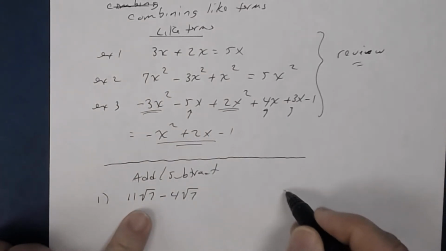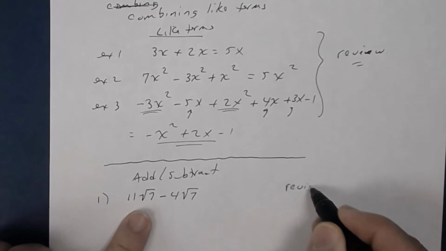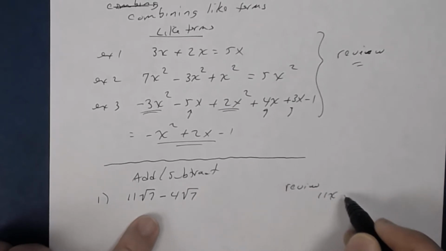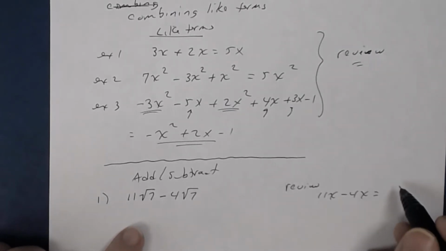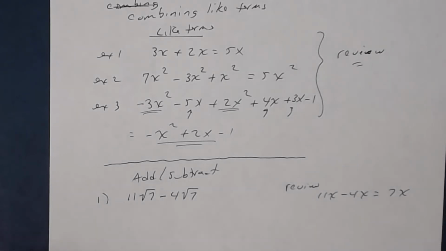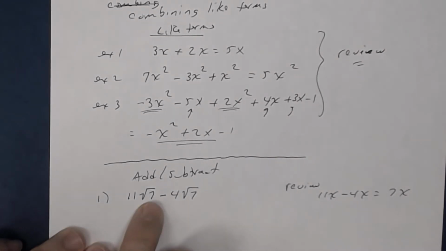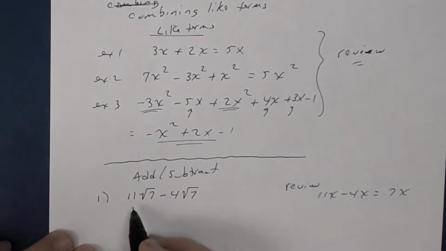So do y'all agree that if I had 11x minus 4x, y'all would say that would be 7x? Is that correct? Okay. So my question to you is this. Then what would be 11 square root of 7 minus 4 square root of 7? Well, that would be 7 square root of 7, right? Okay?